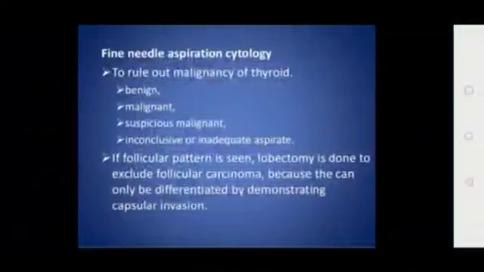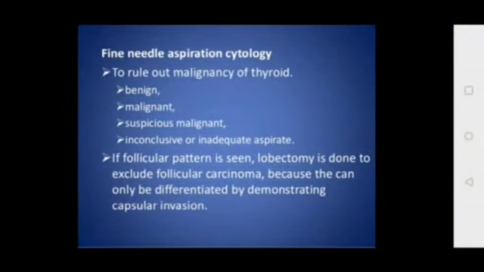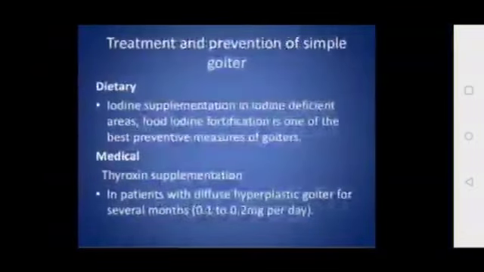If a follicular pattern is seen, lobectomy is done to exclude follicular carcinoma, because it can only be differentiated by demonstrating capsular invasion. You should always know that FNAC cannot differentiate between follicular adenoma and follicular carcinoma, because it cannot demonstrate capsular invasion.